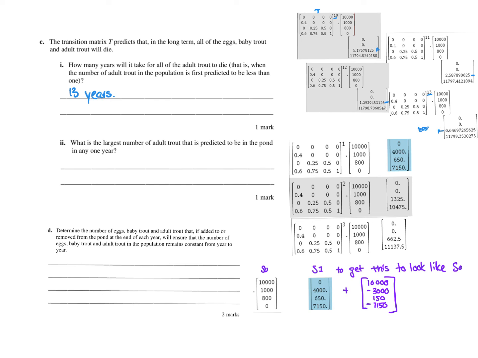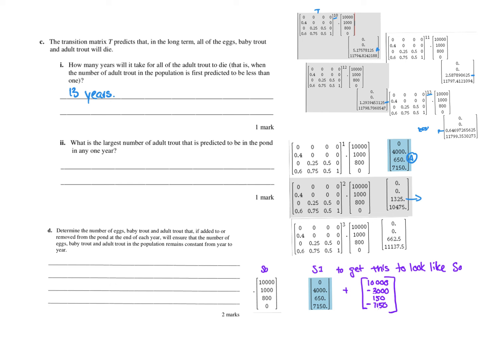What is the largest number of adult trout predicted in the pond in any 1 year? So you have to be careful here. We'd already seen the initial state S1, and we saw that adult was 650. If you actually did S2, you see that the adults go up because the babies grow up. So we see the babies go here, but we're now dropping off.